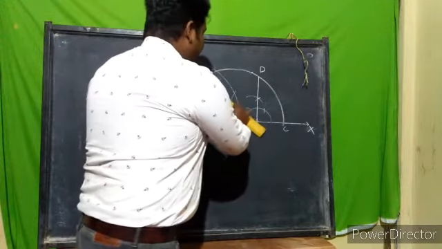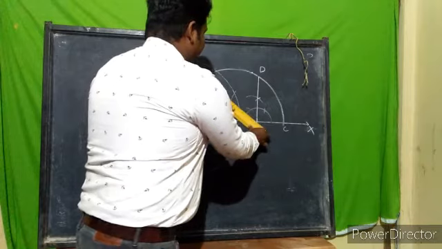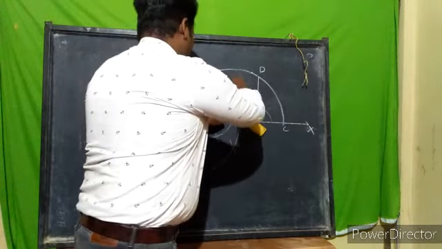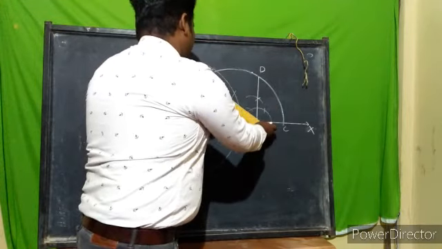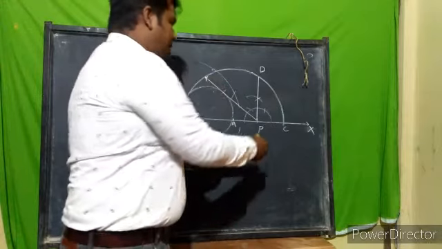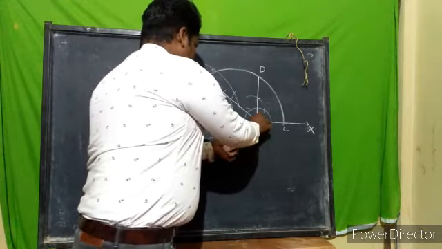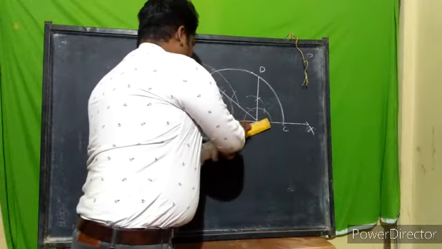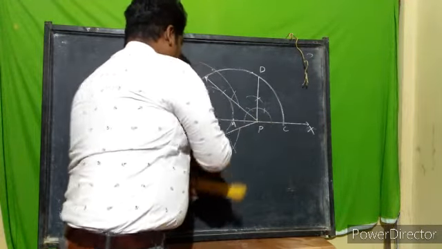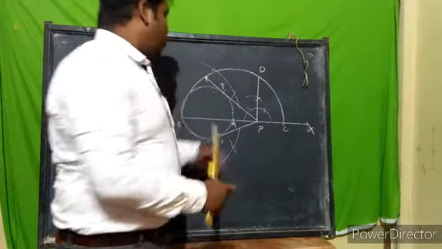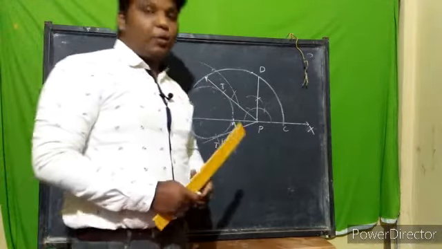Then join that particular point with P. थोड़ा आगे की ओर लेके गया इसलिए एरो मार्क। So this is your T and this is your T dash. So PT and PT dash are the required tangents.